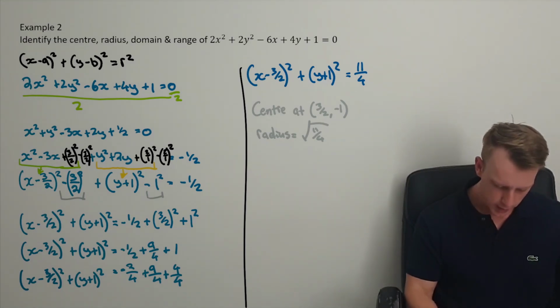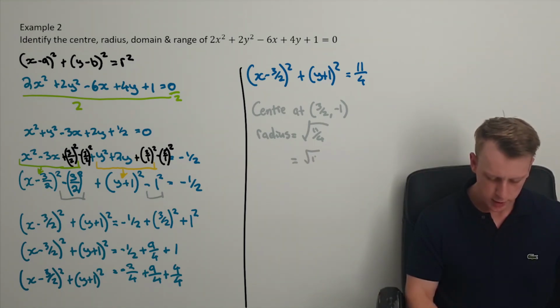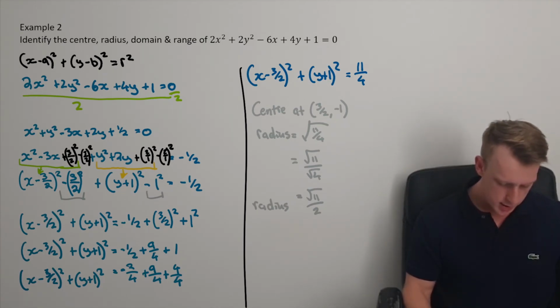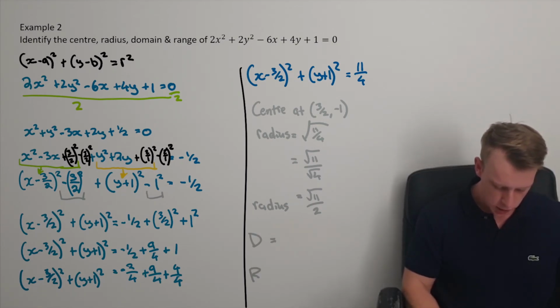Show you the working. This radius, we can simplify it down to root 11 divided by root 4, which is equal to root 11 on 2. So that's our radius simplified, which is nice. And now we just need to state domain and range.